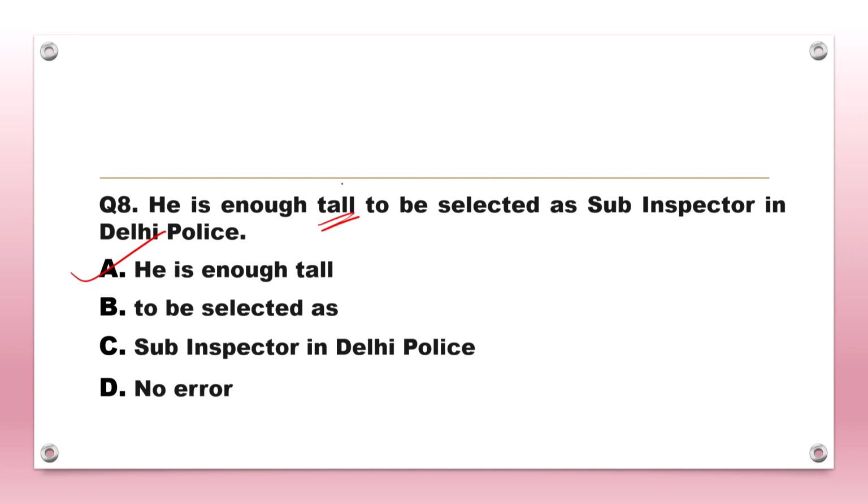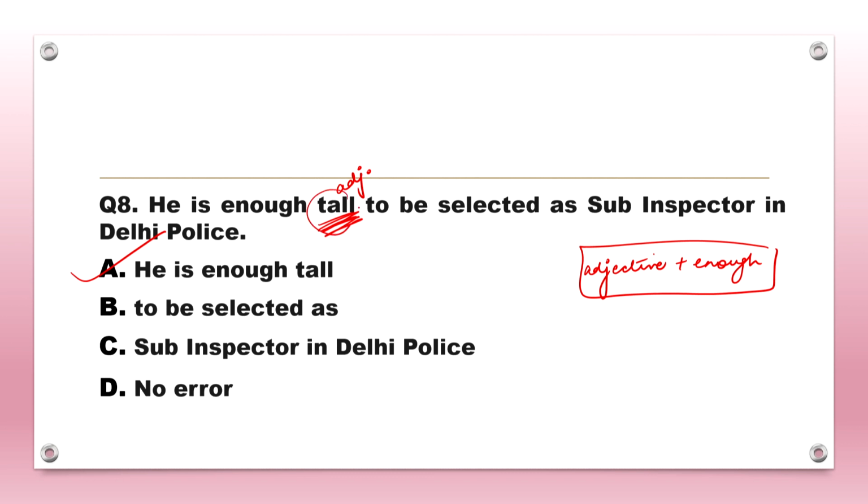So, in case of adjective, enough is placed after the adjective: adjective plus enough. But in the given sentence, enough is placed before the adjective tall. Tall is your adjective over here and enough is placed before it. Hence, we will remove this enough. So, the correct sentence would be: he is tall enough to be selected as sub-inspector in Delhi Police.